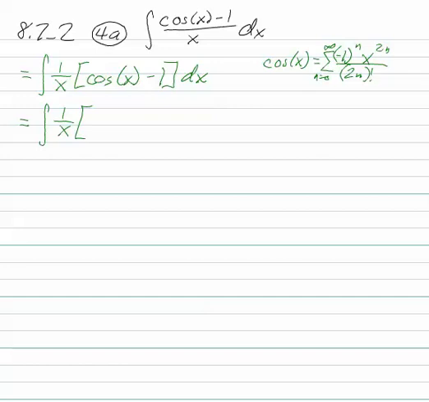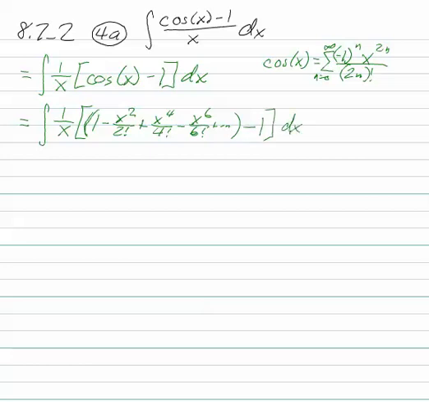I've got even powers and even factorials. So cosine x becomes 1 minus x squared over 2 factorial plus x to the 4th over 4 factorial minus x to the 6th over 6 factorial plus and so on. You can see that, yes, it might be hard to plug in repeatedly, but if you establish a pattern, it's really not that hard.